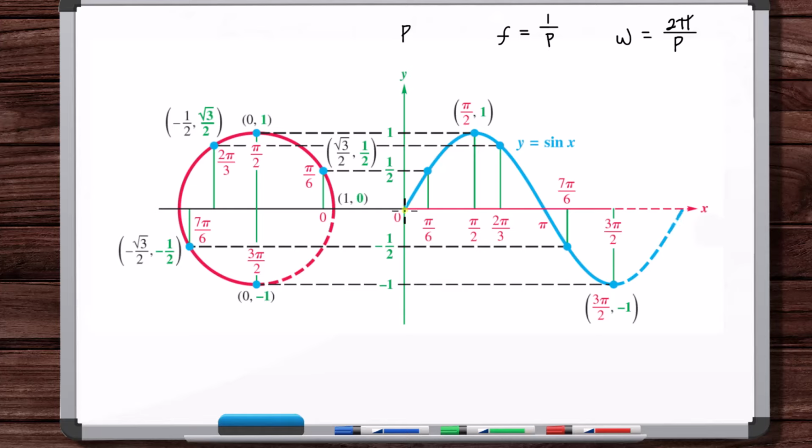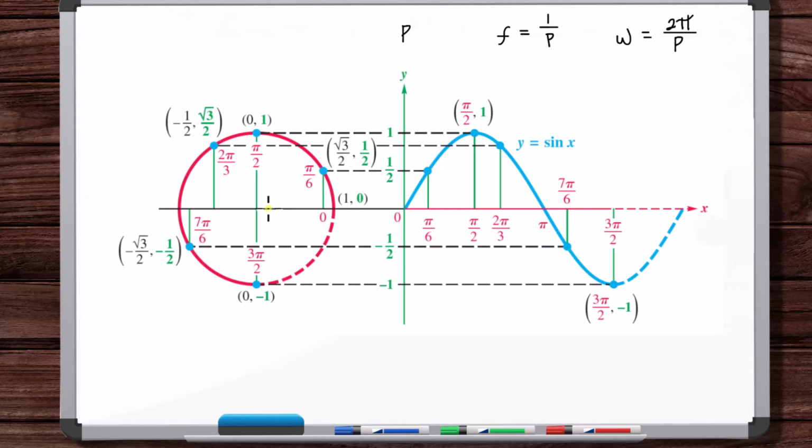Or you can think about it from an angular standpoint: to go one period, which is 5 hot dogs, for the associated circle, how many radians do I go around the circle every time I eat one hot dog? It's going to be 2 pi divided by 5. You get that as a decimal, and that means you go that many radians for every hot dog you eat.